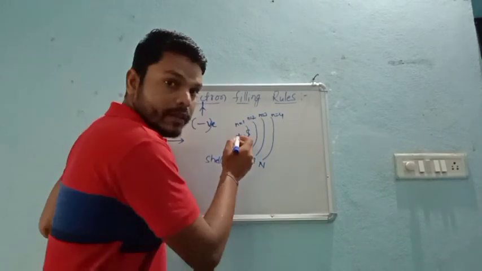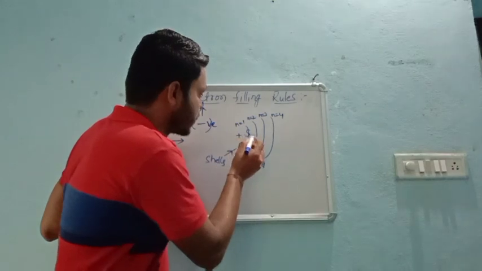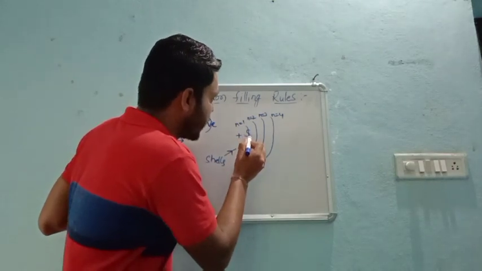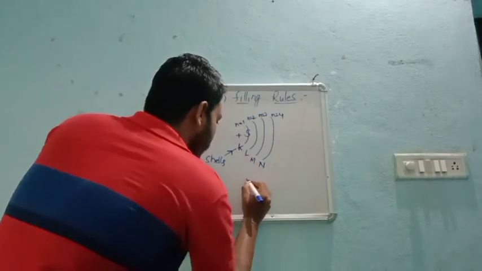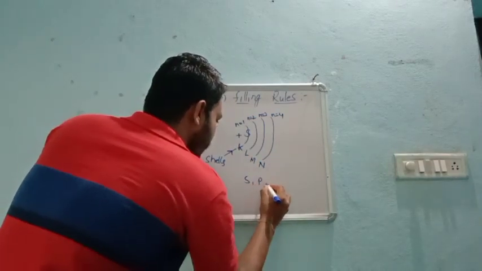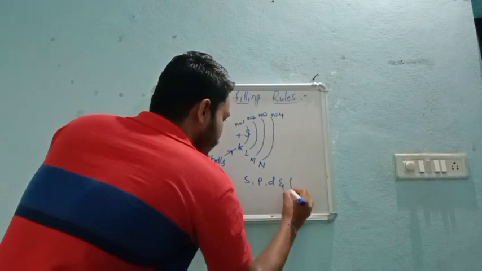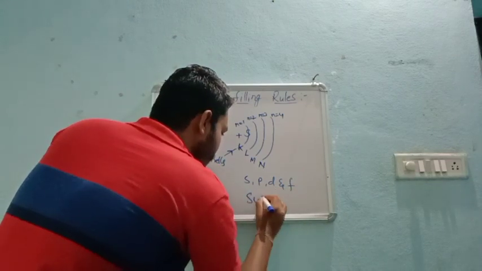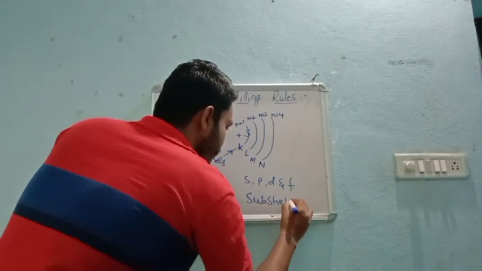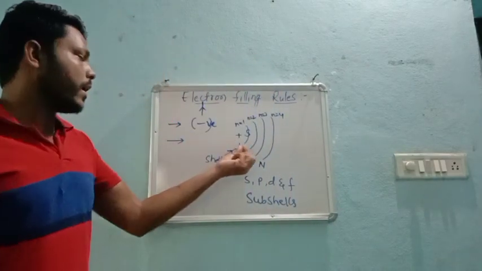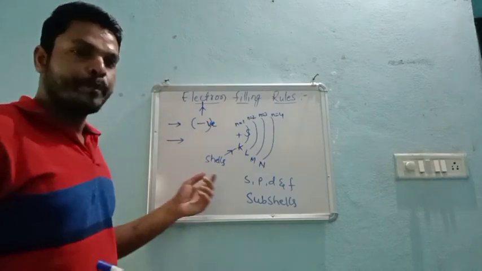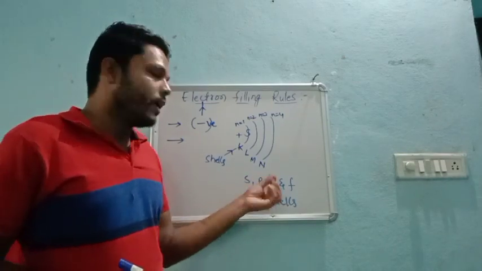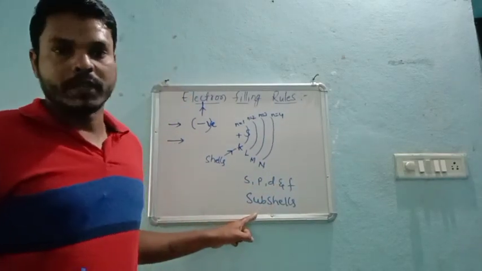And S, P, D and F are called subshells. I will write here: K, L, M and N are called shells, and S, P, D and F are called subshells.